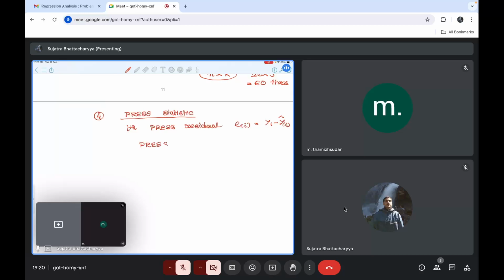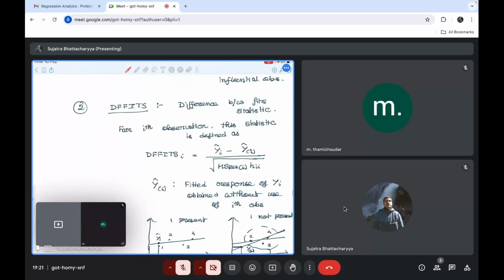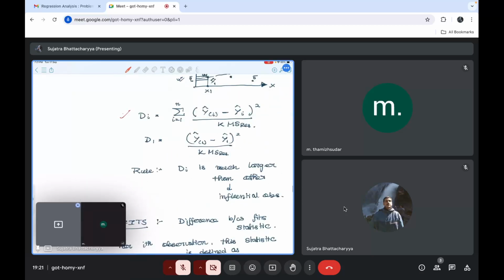The statistic is defined as the summation of e_(i) squared, i going from 1 to n. This is the summation of y_i minus y_(i) hat, whole squared. So this becomes the summation of (e_i divided by 1 minus h_ii) squared. That's all. Every time you have to compute this, square it, and sum it. This is similar to the summation you get for the Cook statistic.